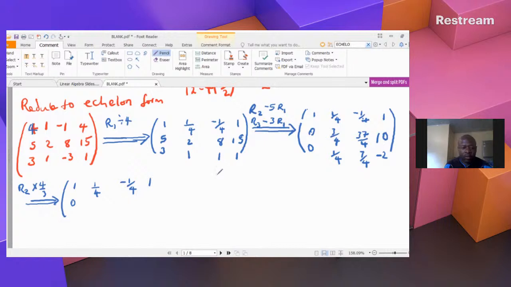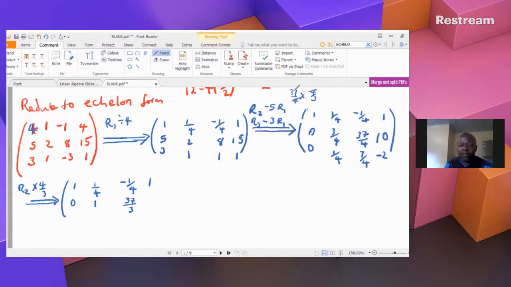So this times 4 out of 3 gives me 1. This times 4 out of 3 gives me that 7 out of 3. That's 7 out of 3 because I've just taken that 7 out of 4 and multiplied by 4 out of 3. So that 4 in the numerator cancels the 4 in the denominator.